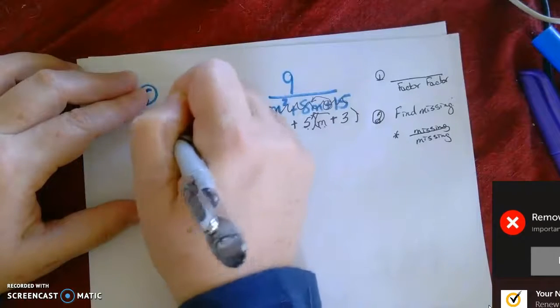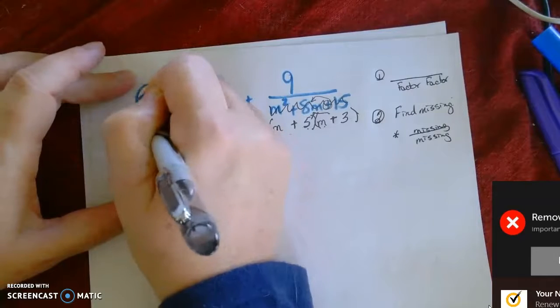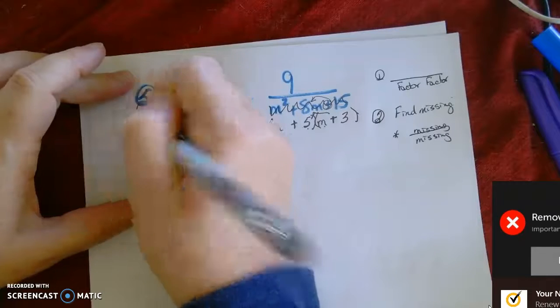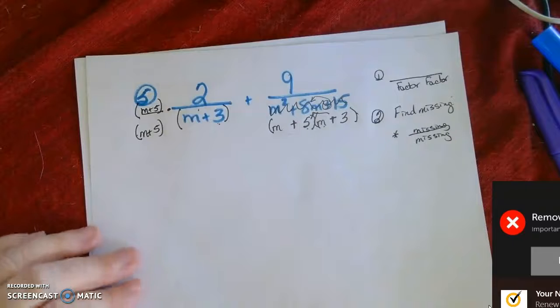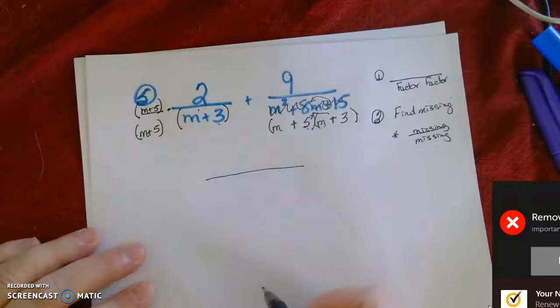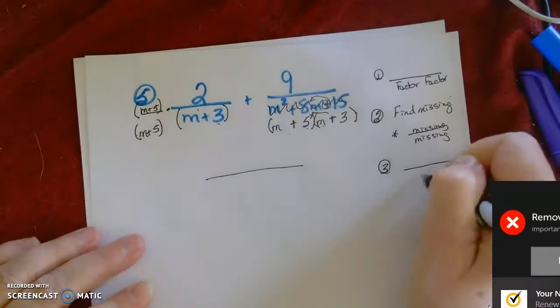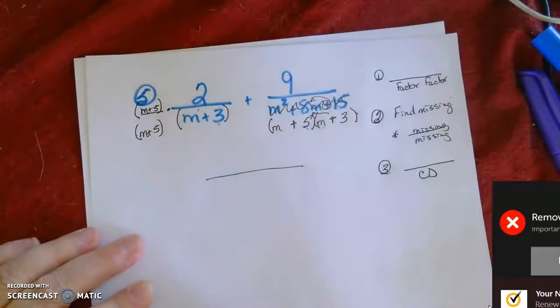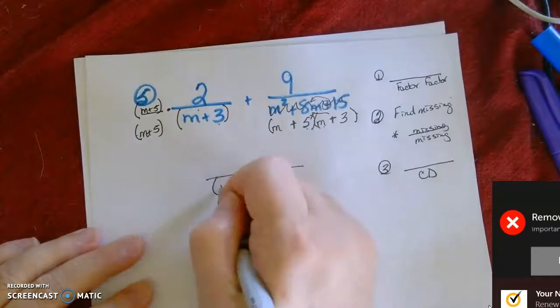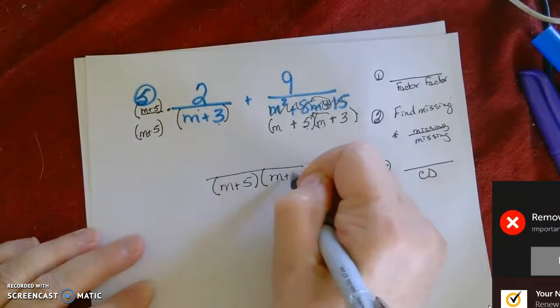So multiply the top and the bottom by m plus 5. Alrighty, so now we have our common denominator. And I'm going to call it CD for common denominator. It is m plus 5 times m plus 3.